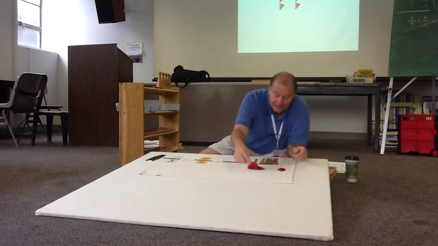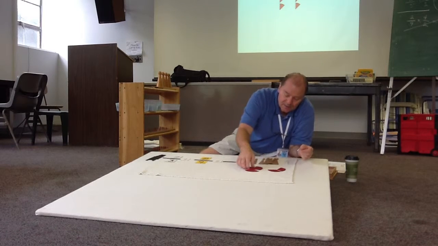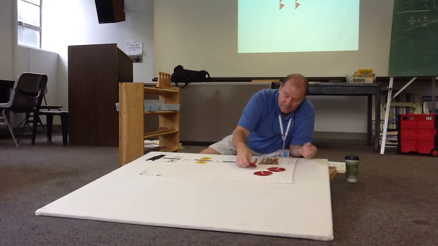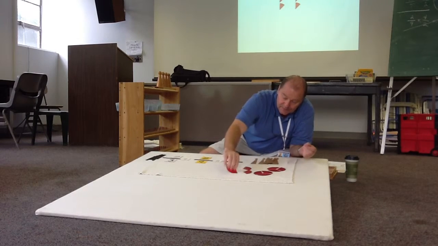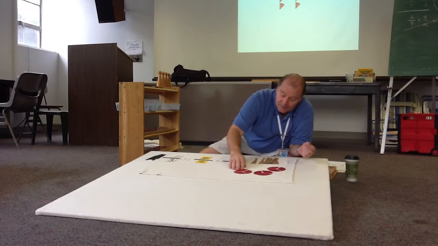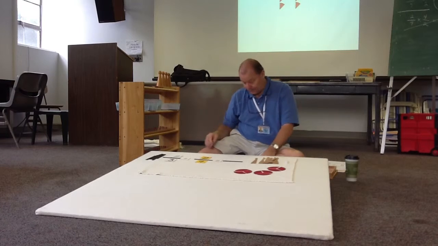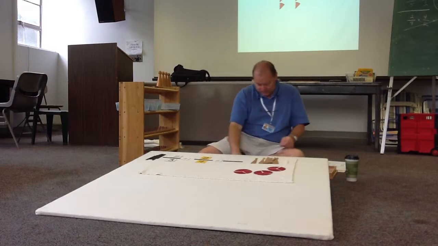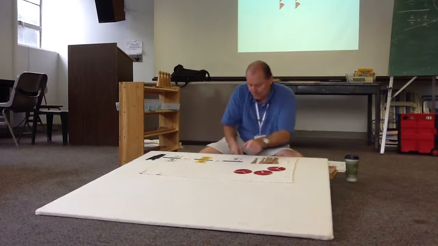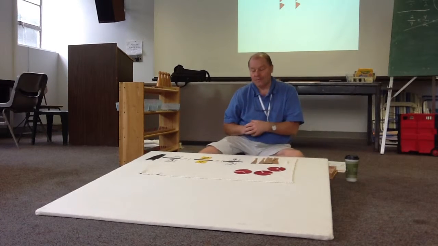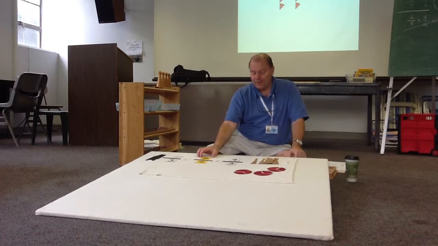And if I put it together, I can see that I have 1, 2, 3, 4, 5, 6, 7, 8. I have 9/3, which is equivalent to 3 wholes.